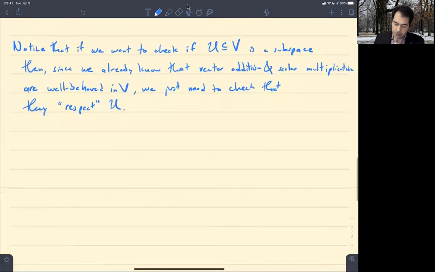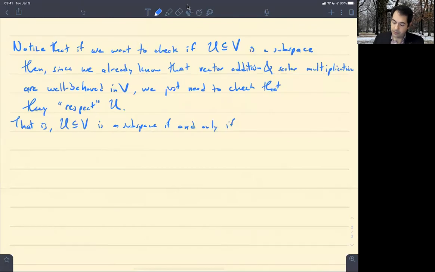Right? So concretely, U is a subspace if and only if, okay, so we need to keep the distinguished element, right? So we need to know that the zero vector is inside the subset. We need to know that if you give me an element of the subset, then the additive inverse is inside that subset.